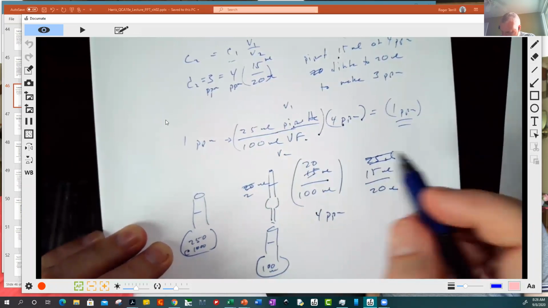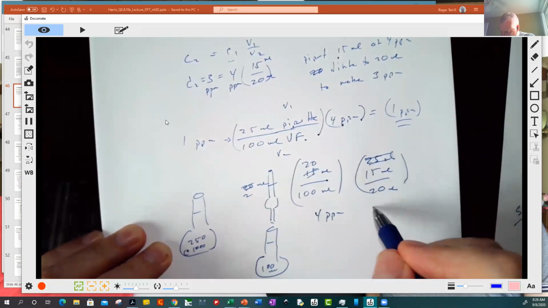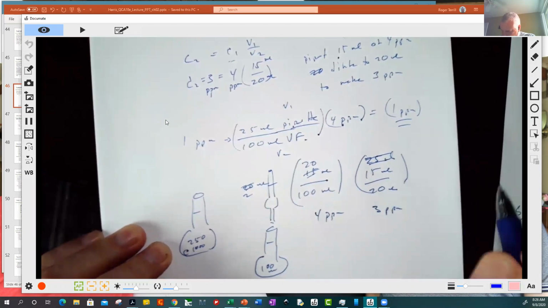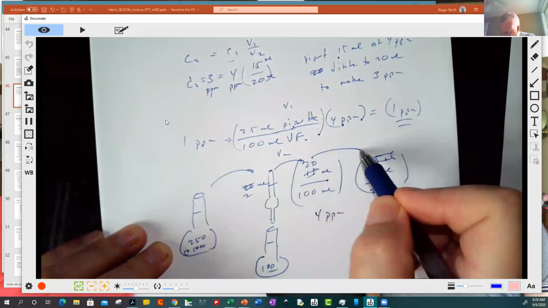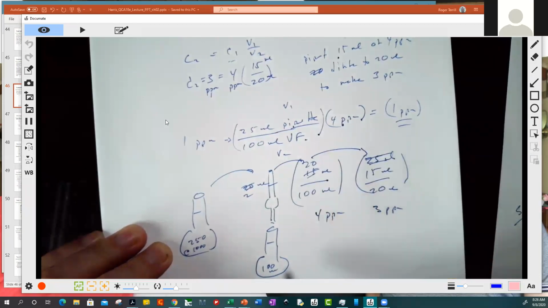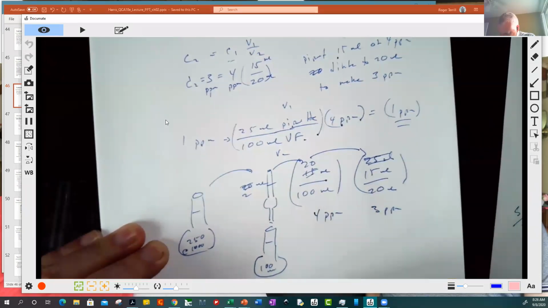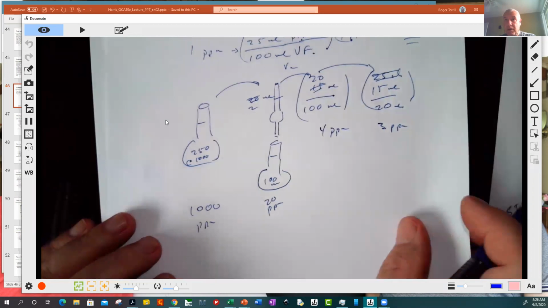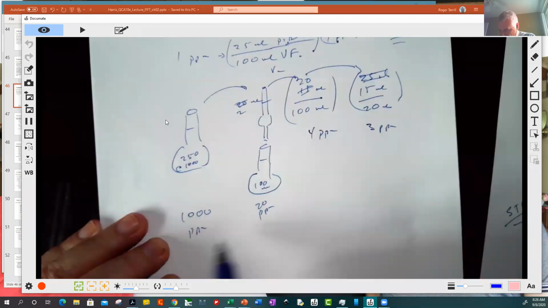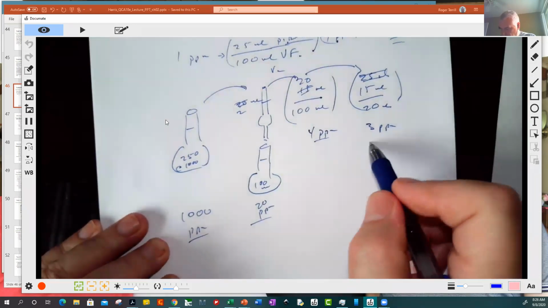And this will give us a serial basis of the 3 ppm. So we're going to do this, and this, and this. This will get us from 1,000 parts per million, down to 20, down to 4, down to 3 parts per million.